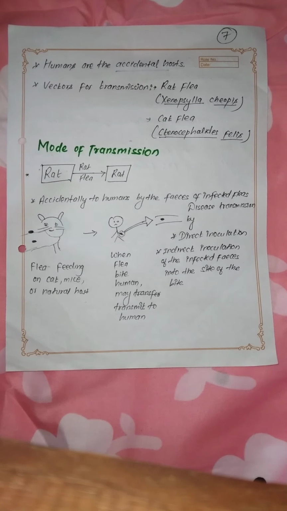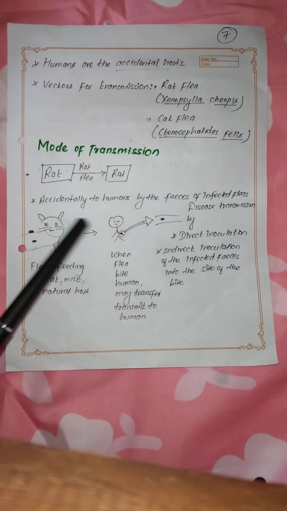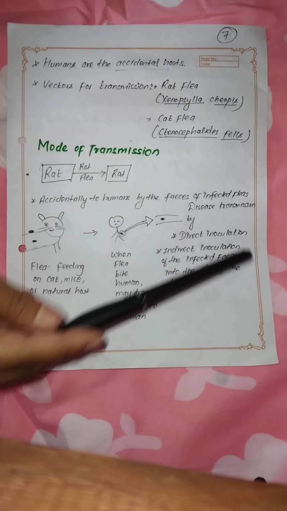Okay, how will they be transmitted from one rat to another rat, or to humans? Let's see here. With the help of the rat flea, they will be transmitted from one rat to another rat, but accidentally it may transmit to humans by the feces of the infected fleas.